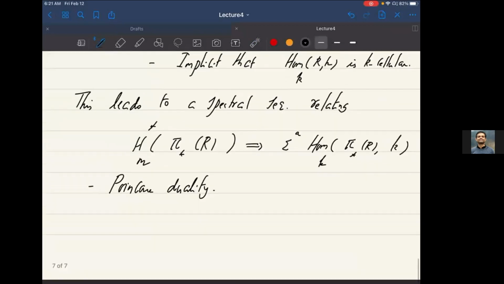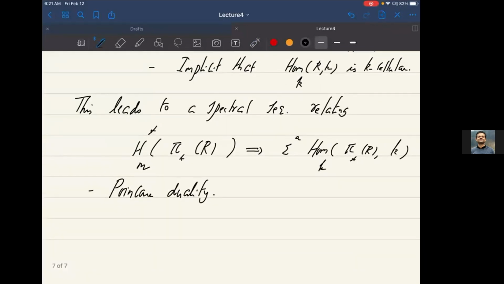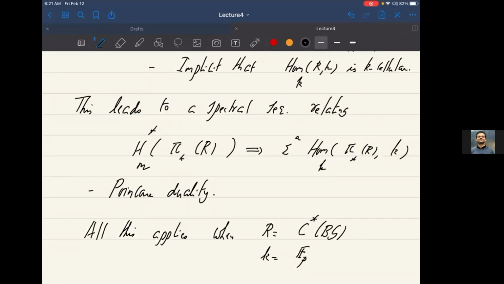So all this applies when you're looking at cochains on BG and K is FP.